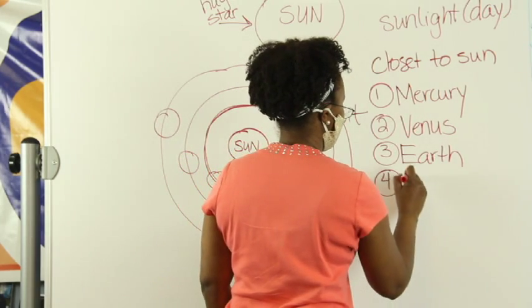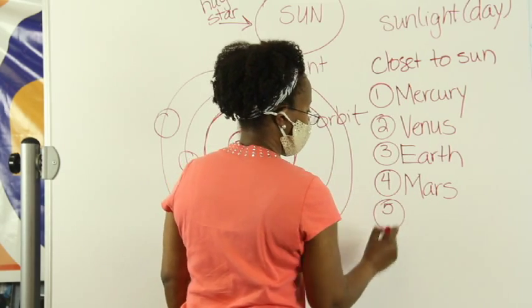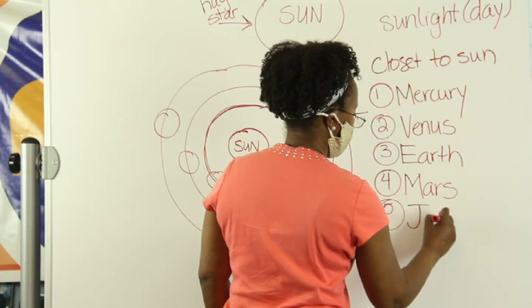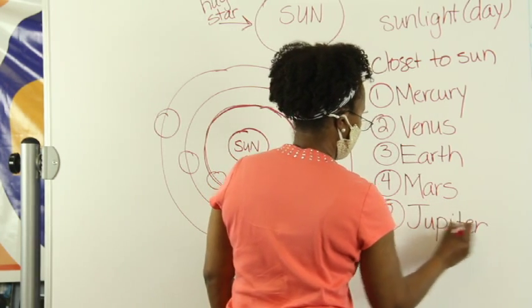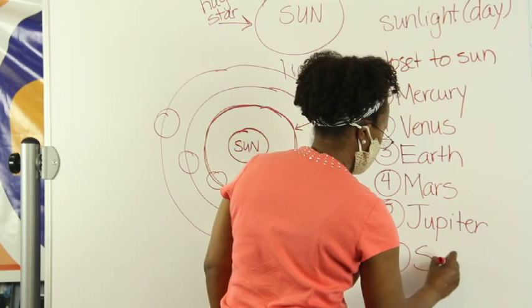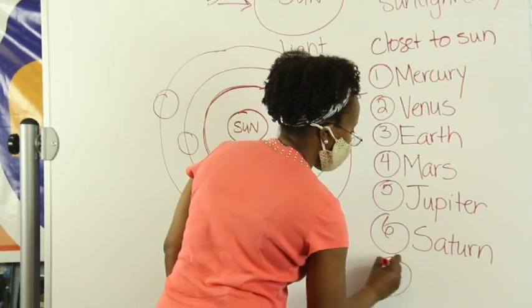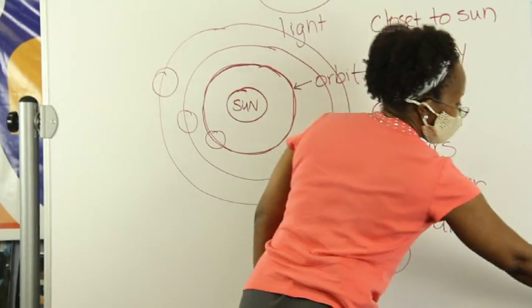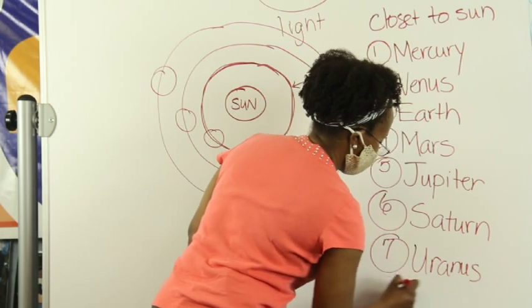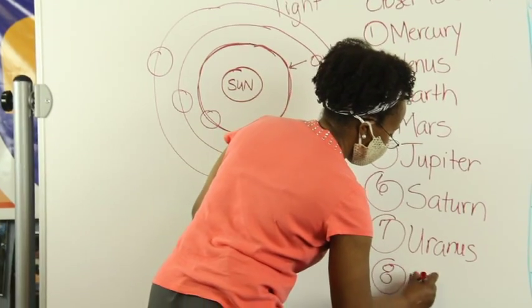And the second M is Mars. And the next one, just Jupiter. Served is Saturn. Us, Uranus. And number 8, nachos, is Neptune.